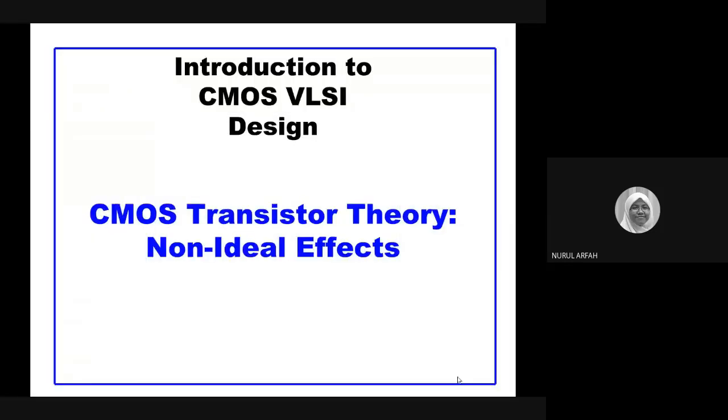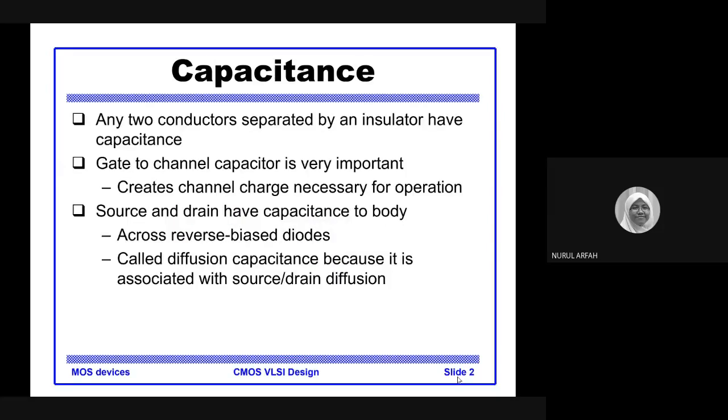So today we are going to learn about CMOS transistor theory. Can you see my screen? Yes, madam. Okay, right. The CMOS transistor theory on the non-ideal effects. First of all, this capacitance we learn.